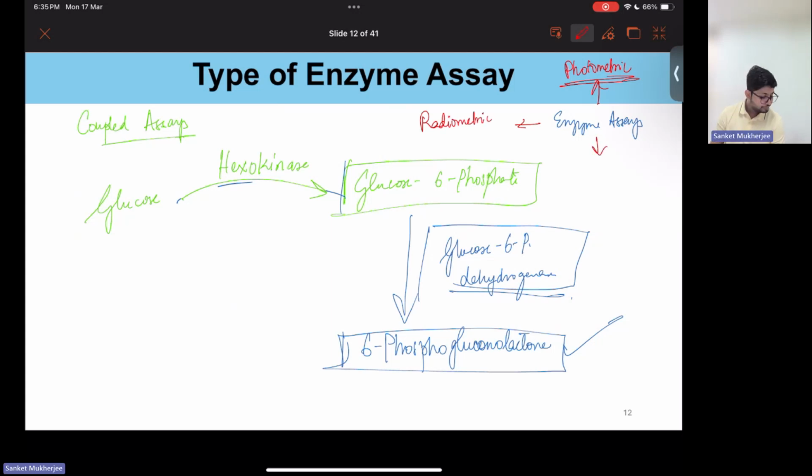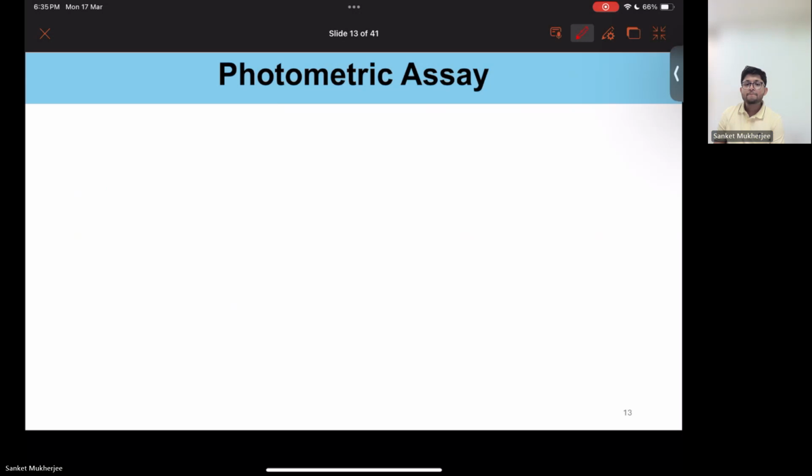It could be gel electrophoresis method, or it could be chromatographic. So we'll see all of these. So photometric assay is, again, as I told you, the most commonly used assay type.